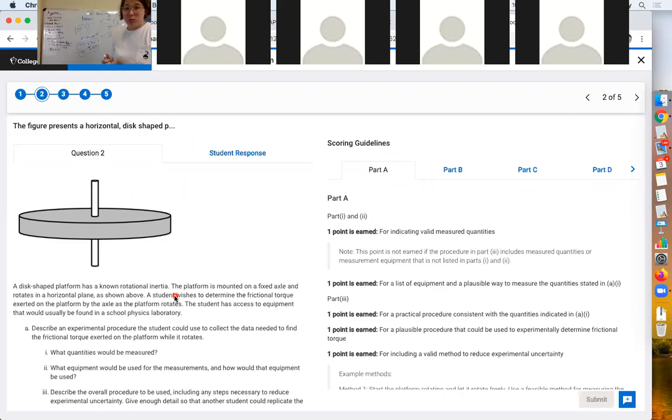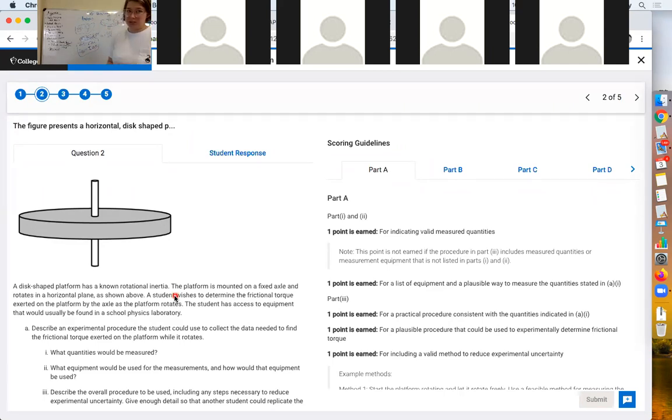So one way you could do it is, like we did before, attach some horizontal string and apply a force and therefore a torque. If my net torque is 0, I know that whatever torque is being applied is the same as the frictional torque.